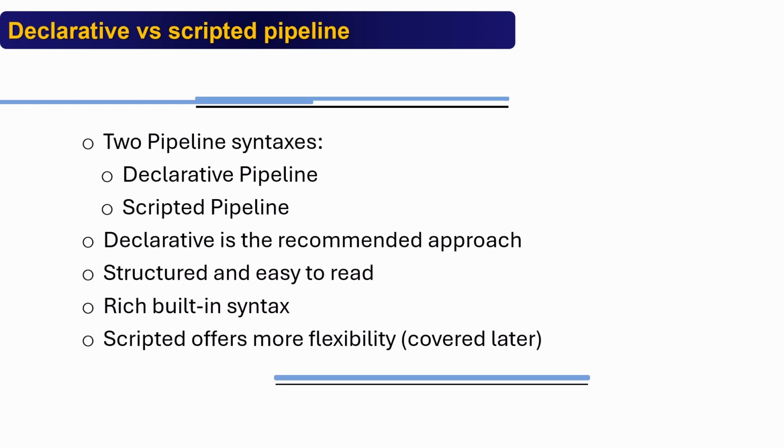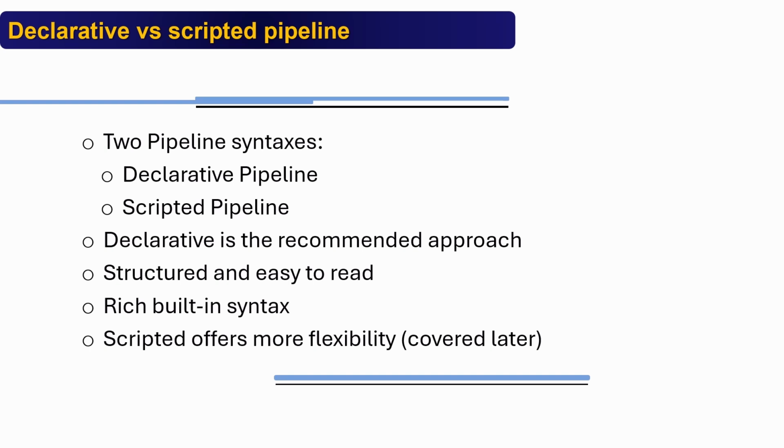Throughout this course, we use declarative pipeline syntax because it is the recommended approach for most CI/CD projects. Later, after we become comfortable with declarative pipeline, we will briefly discuss the scripted pipeline and understand where it is useful. From this point onward, whenever we create a Jenkinsfile, we will use declarative pipeline syntax.